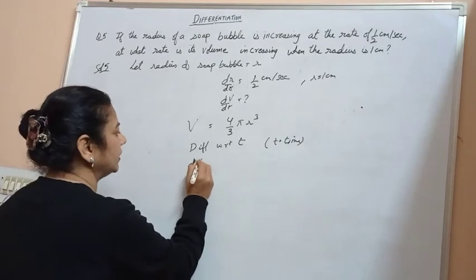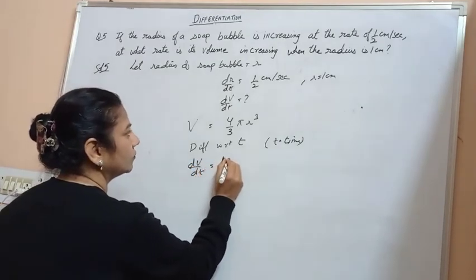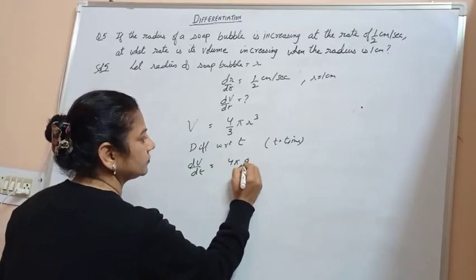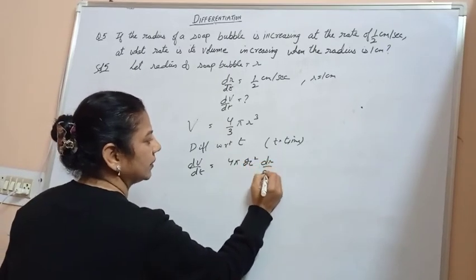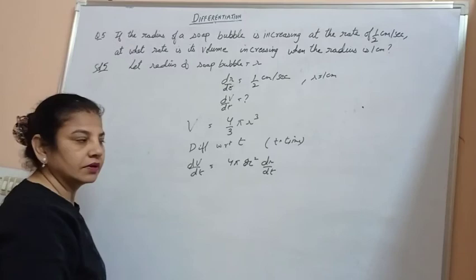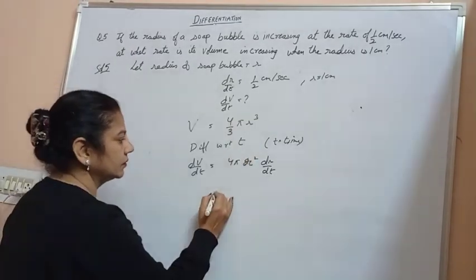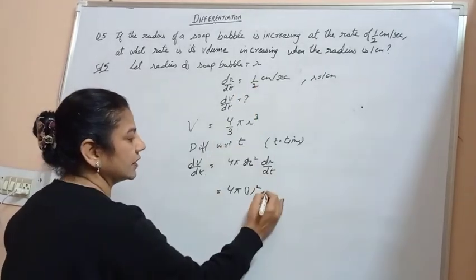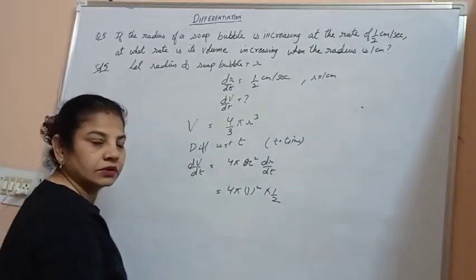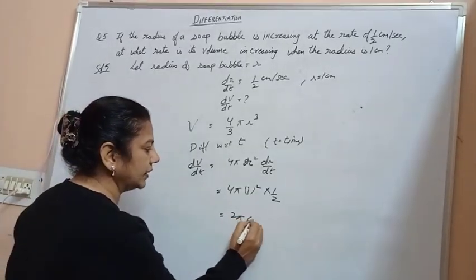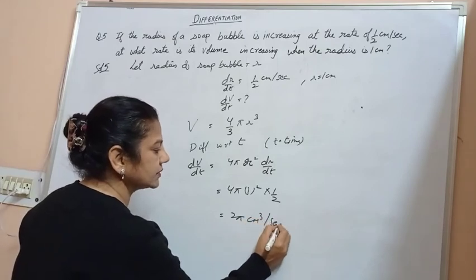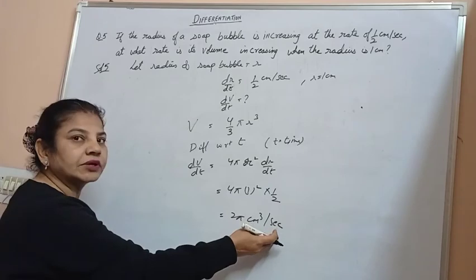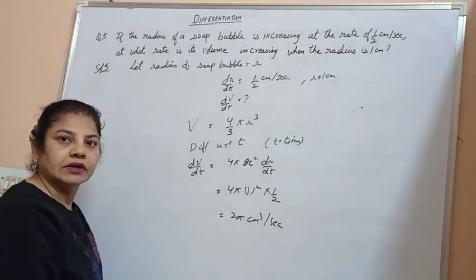So dv by dt is equal to 4 pi r square dr by dt. Substitute the value of r as 1. So 4 pi 1 square and dr by dt as half is 1 by 2, which is equal to 2 pi centimeter cube per second, because the unit of volume is centimeter cube, and with respect to time we are differentiating, so we have written per second.